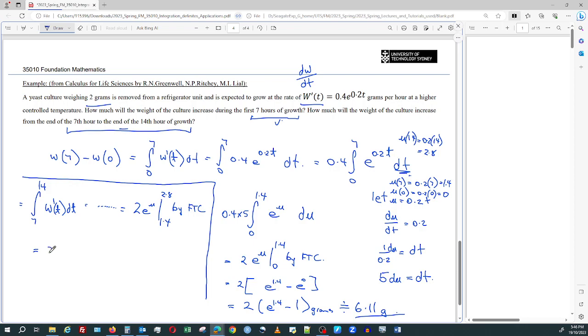And so that gives us 2 outside of e to the 2.8 minus e to the 1.4, and so that can be done with your calculator.